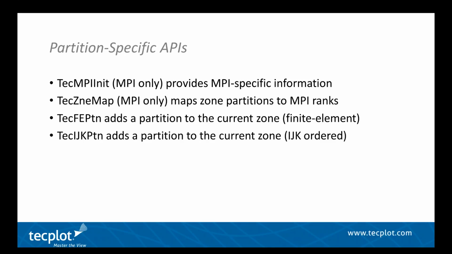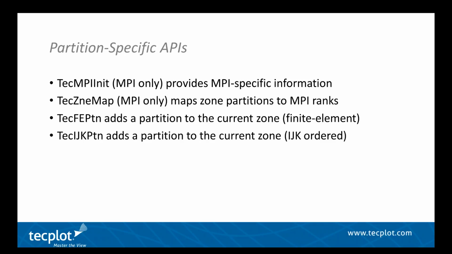The following two are particular to which zone type you have. For FE zones, you'll call TecFE partition, and you'll call this from each rank that owns one of the partitions. And this has the sort of similar effect as calling TecZNE on an unpartitioned zone. It sort of opens the partition, and then you subsequently call TecDat and TecNode to output the data and connectivity just for that partition of the zone.